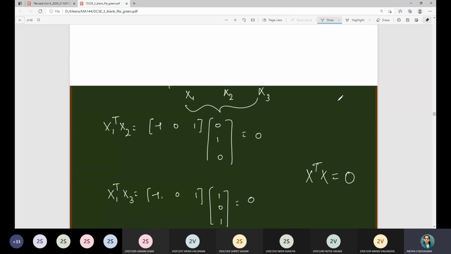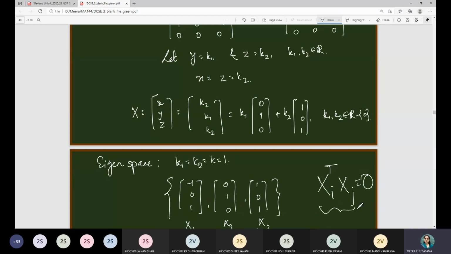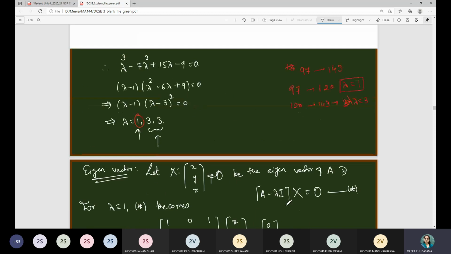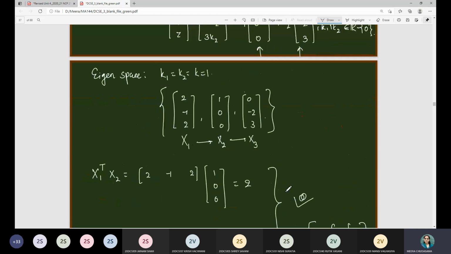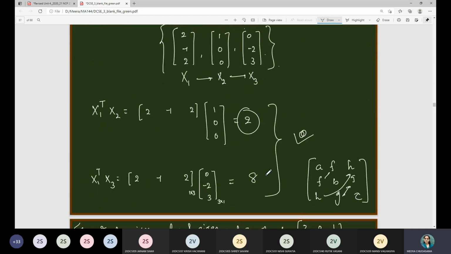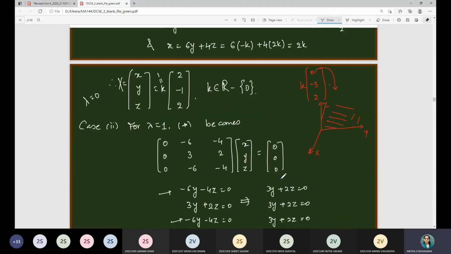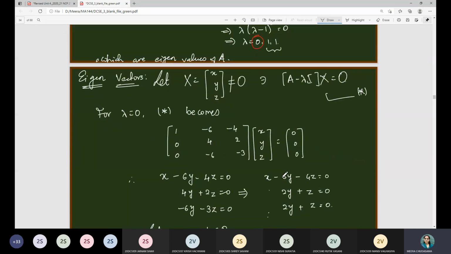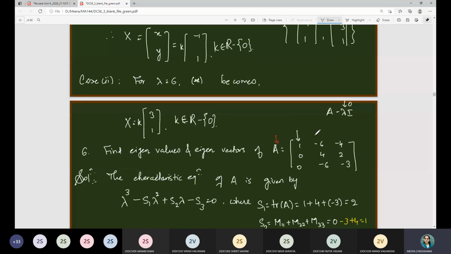Here we have considered two different vectors, xi and xj, where i and j run from 1 to 3. Then all of them will give you a zero matrix because this is a symmetric matrix. Whereas in the previous example, we were getting 2 and 8, which are not 0 because the given matrix was not symmetric.